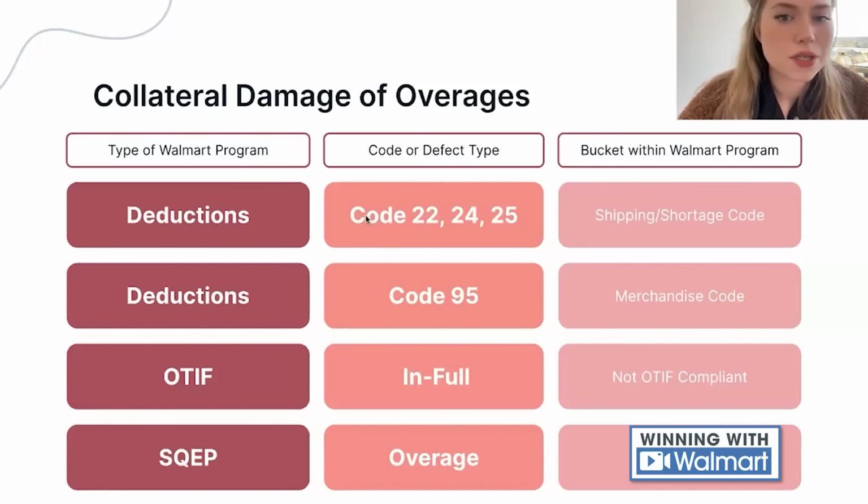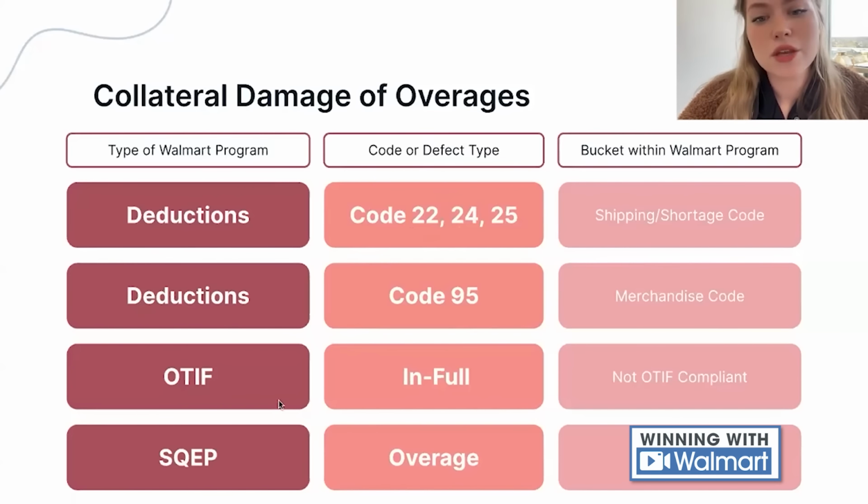So check that out. For AP level deductions, you'll usually see these three most common short shipping codes, but you'll also see a merchandise code, and we'll talk about code 95 in a second. That can also be something you might see in regards to overages.